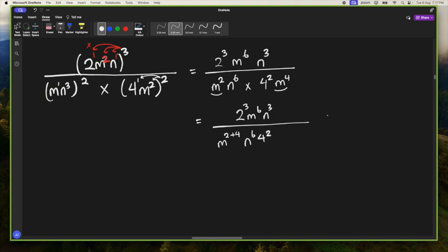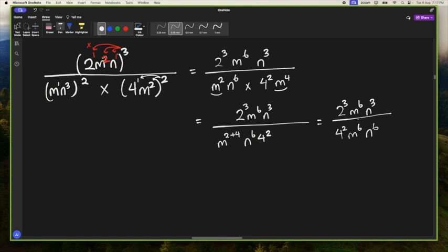So now, what do I have? I have 2 to the power of 3 m to the 6 n cubed all over. I'm going to put the 4 first. You'll see why. 4 squared m to the power of 4 and 2 is 6, and n to the power of 6.